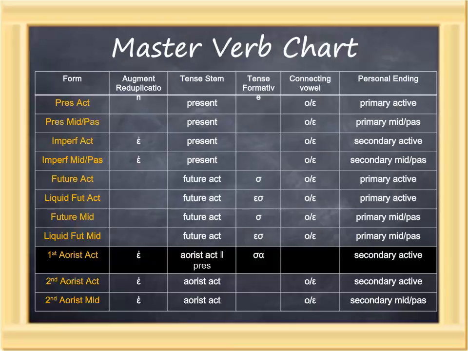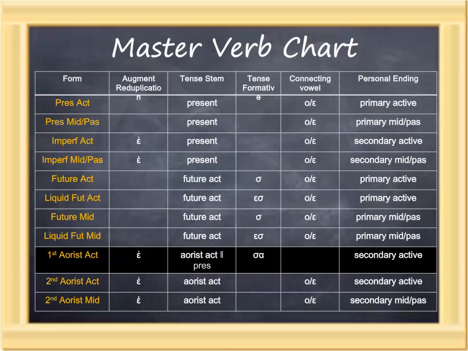If a verb has a first aorist, that first aorist is formed with an augment, the aorist active stem, and what distinguishes first aorist from second aorist is the aorist active stem is quite identical or parallel to the present active stem, whereas in the second aorist, the aorist active stem can look somewhat different from the present stem. Actually, it's the other way around. The present stem is looking differently from the aorist stem.